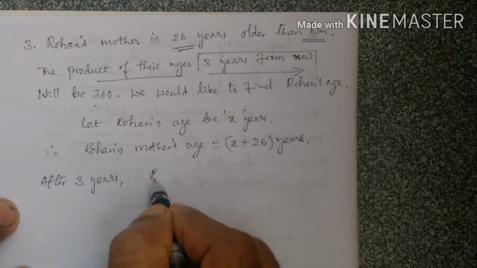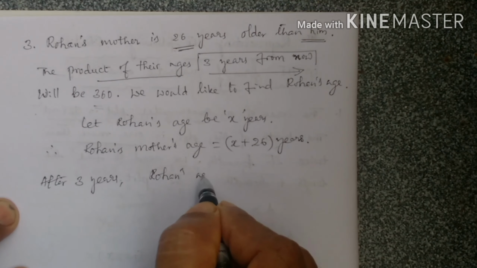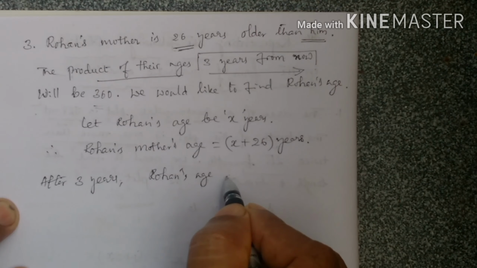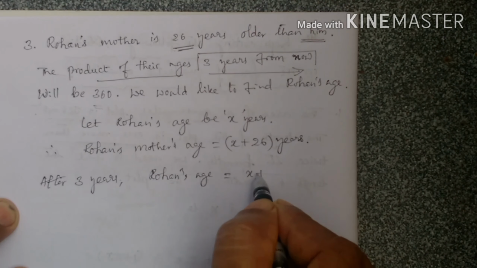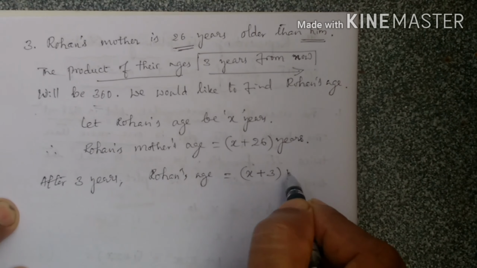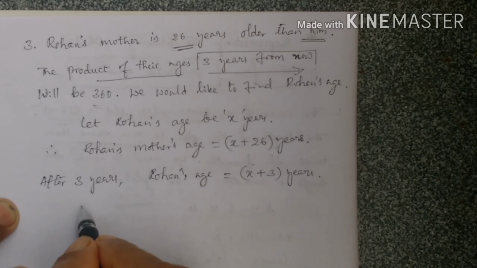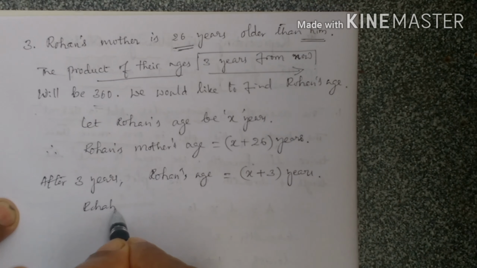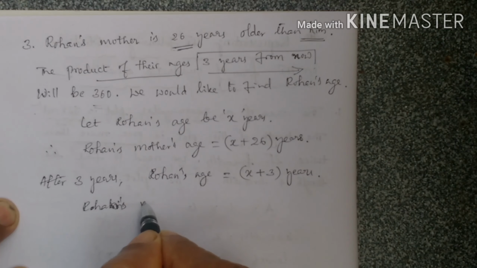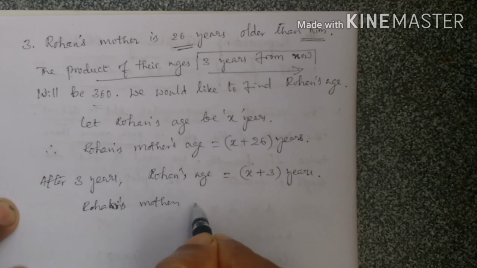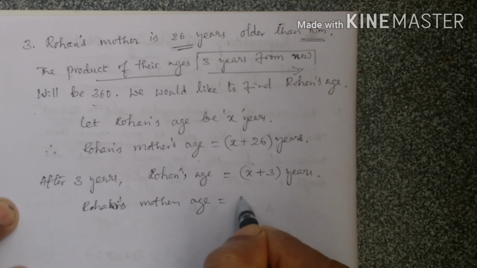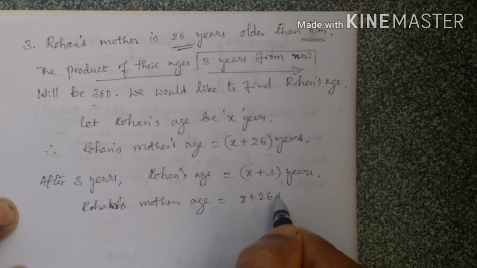After 3 years, Rohan's age becomes, first it was X, now it becomes X plus 3 years. And Rohan's mother's age becomes, first it was X plus 26, now 3 more added, so that becomes X plus 29 years.